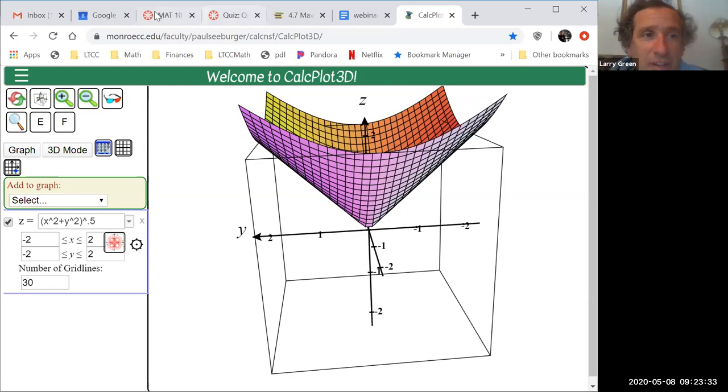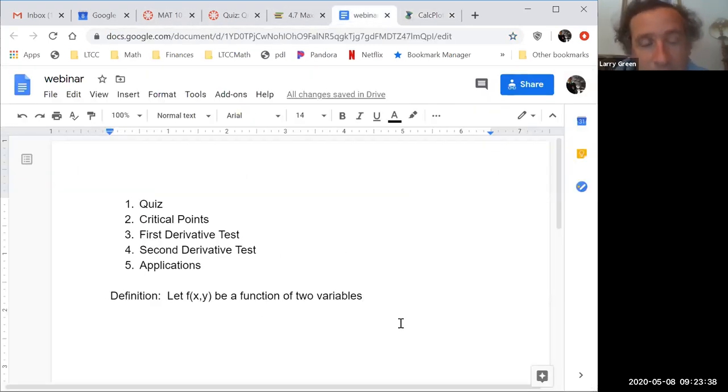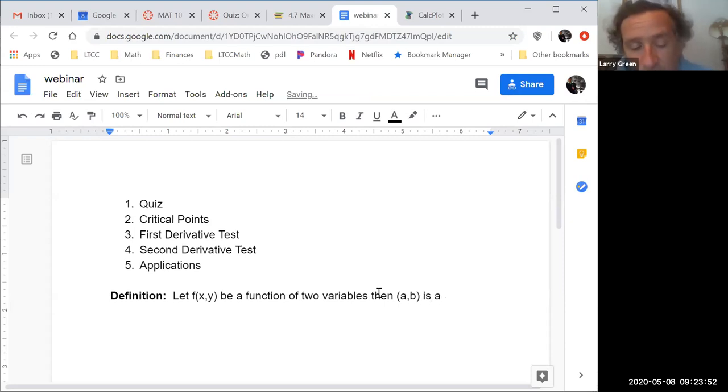Okay, so I just wanted to visualize it, and that way when I write down the definition, you'll say, oh yeah, that's what he showed me. So let's let f of x, y be a function of two variables. Then I'm going to write (a, b) is a critical point of f of x, y.